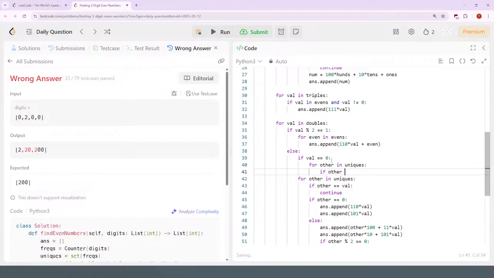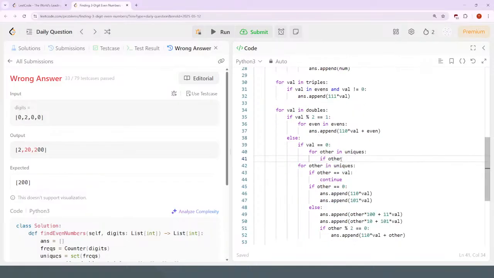man, I'm tempted to do a set that just has uniques minus 0 to get around some of this mess. Can I do that? Uniques not including 0? Yeah, whatever.